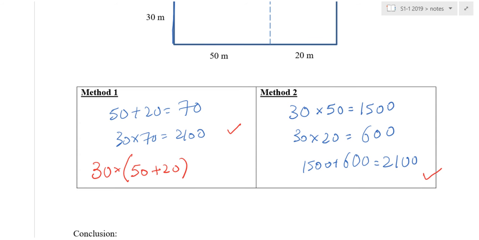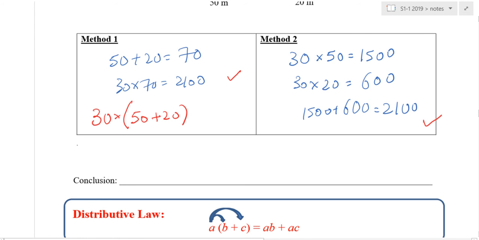Do you agree that I can write something like that? 30 times 50 plus 30 times 20. It looks exactly like method 2, right? Then after you take the two numbers, you add them together.